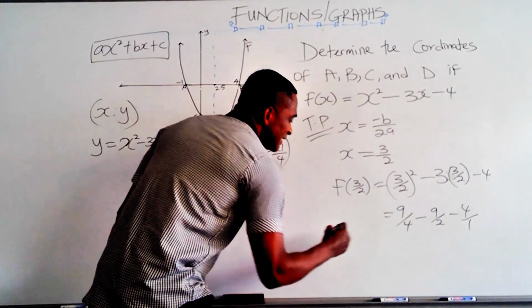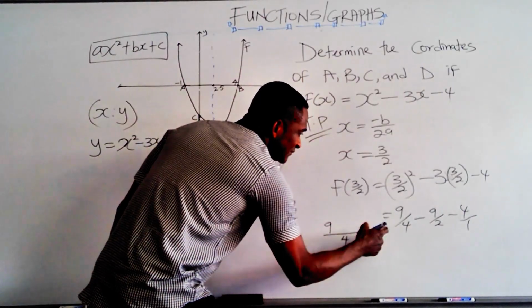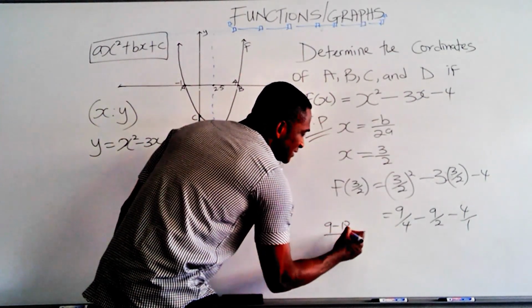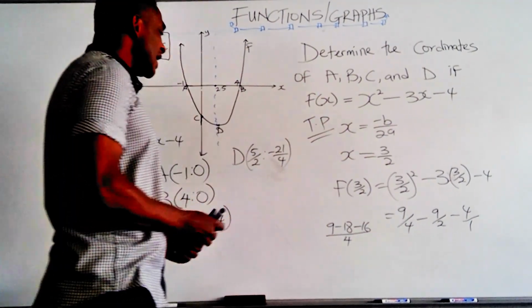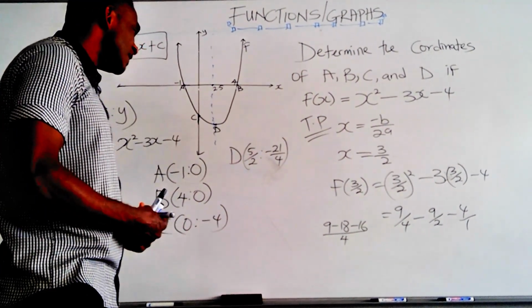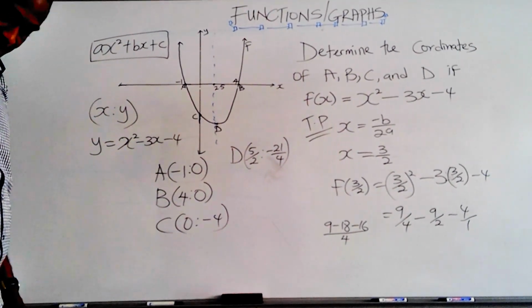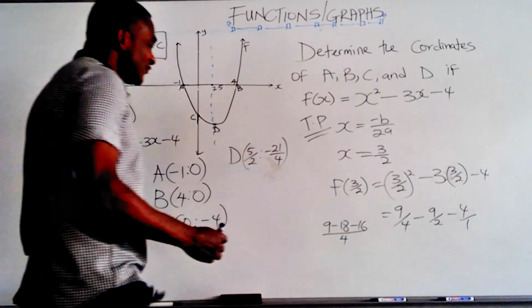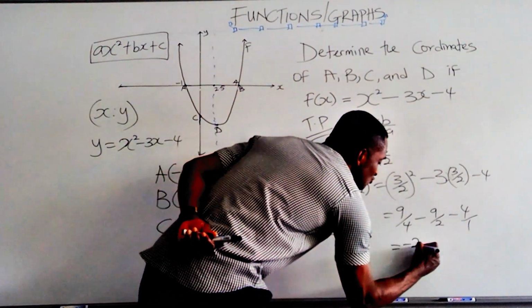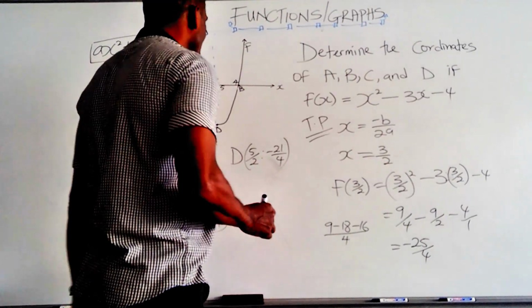If we simplify this, we will have 4 as the denominator, and then 9 minus 18 minus 16. So 9 minus 18 minus 16 is minus 25, so it's minus 25 over 4. So that gives us the y value.